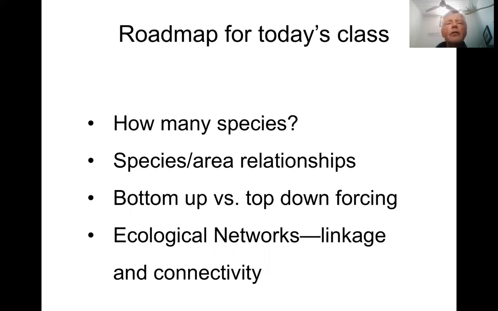Then we're going to move into species interactions and talk about bottom-up versus top-down forcing in consumer-prey interactions. And I'll get back to an explanation of what that really means when we get to that point. And then the last part will be on what I call ecological networks, the linkage and connectivity of nature within communities and between communities. So that's where we're going today.